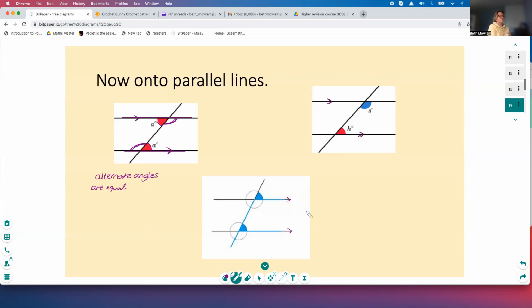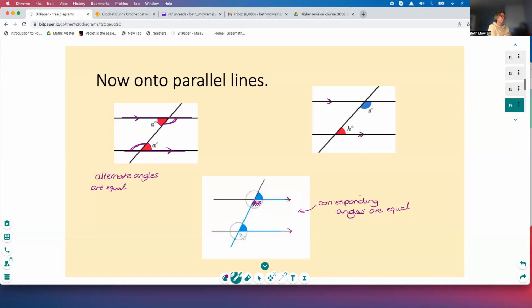This next one here, these are what are known as corresponding angles. Corresponding angles are also equal. So what you do is you look at where it crosses, and if it's the same angle on each sort of four-way line, they're corresponding. So those blue ones are corresponding because they're both on the top right of that connection.